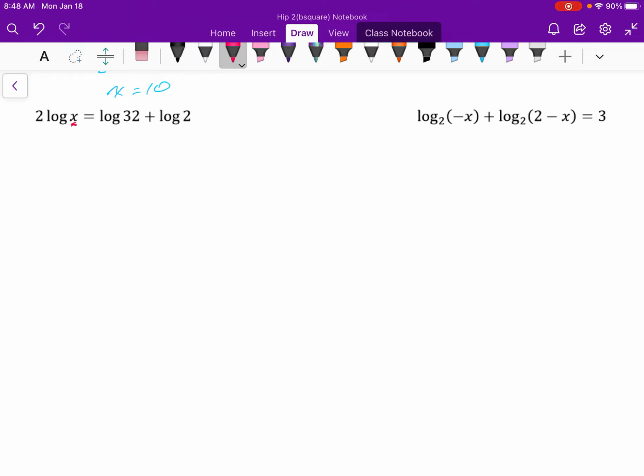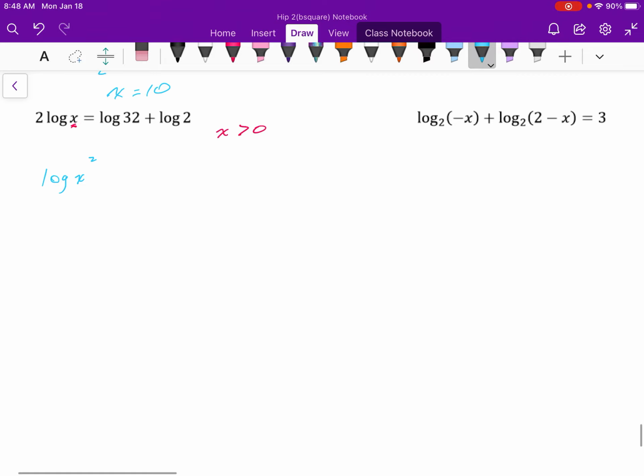All right, let's move on to this lower one. First things first, I need to consider my restrictions. So x must be greater than 0. That's my restriction, and allow me to solve here. I'm going to use the product rule and the power of logs rule.